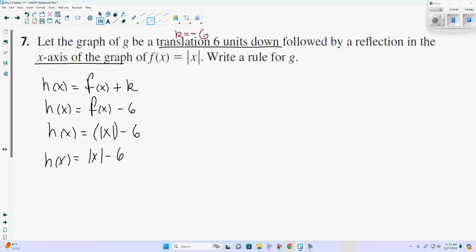But questions on how we applied the first transformation? So our translation of 6 units down is done. Now we have a reflection in the x-axis. Yes. And since this is the last one, we could call it g of x.